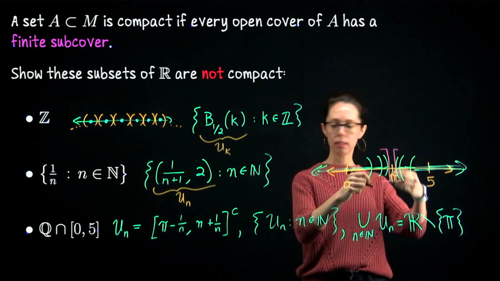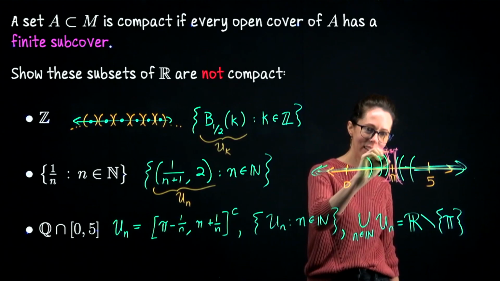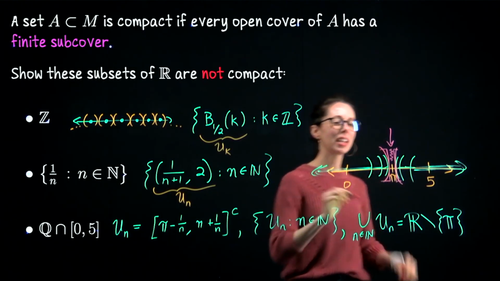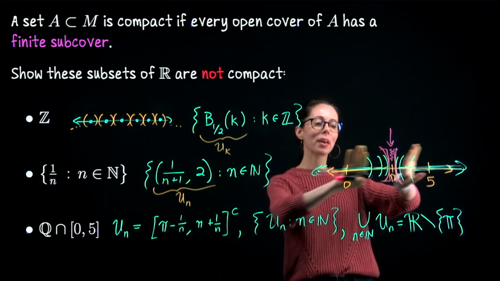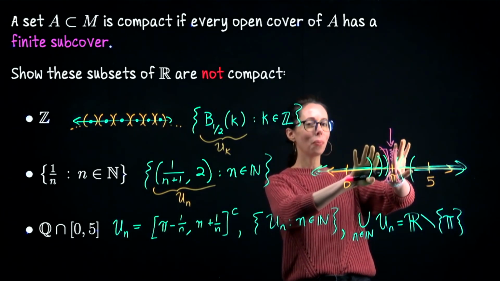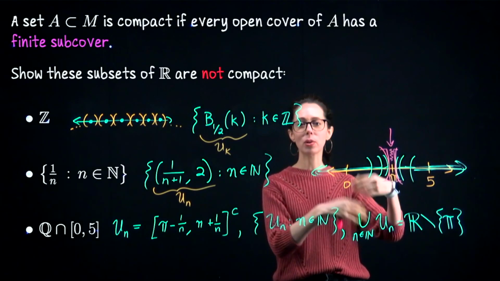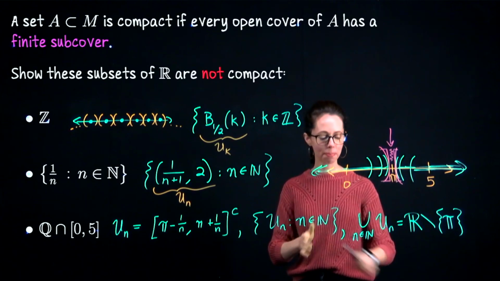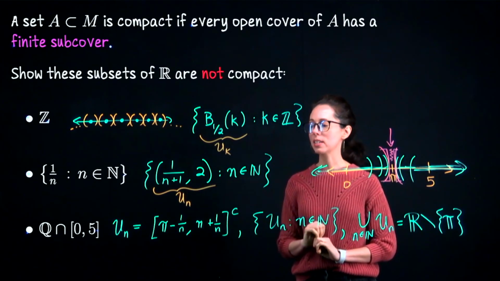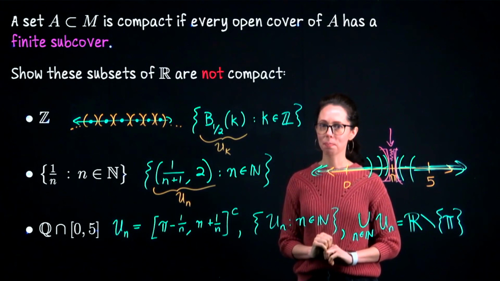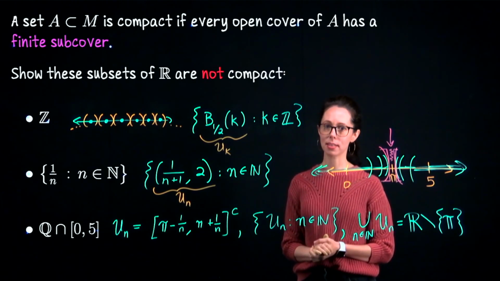What I'm trying to really emphasize is that my picture's getting worse and worse, but if we only took finitely many members of this open cover, we are not going to get all the way to pi. We're going to leave some rationals to the left and to the right of pi, which are not going to be covered by a finite subcover. So this is an open cover of our starting set, which yields no finite subcover. That's what we saw for all three examples. So none of these examples are compact sets.